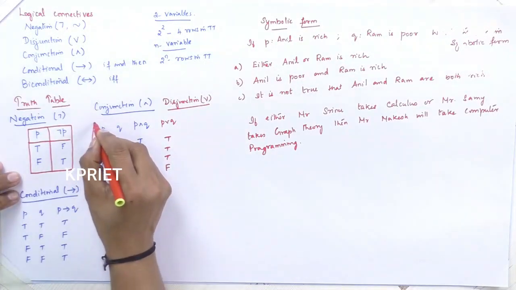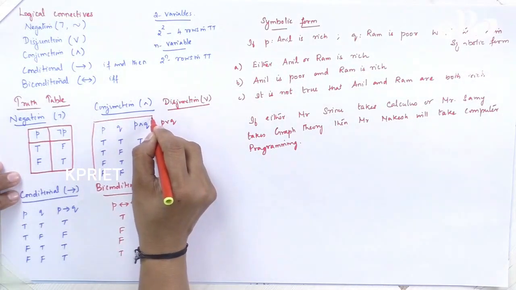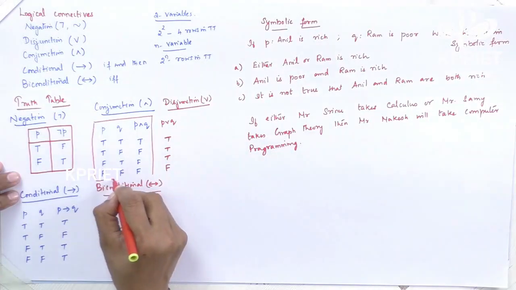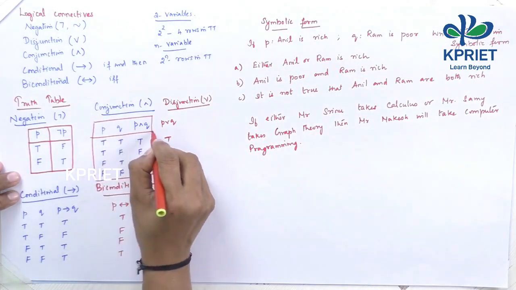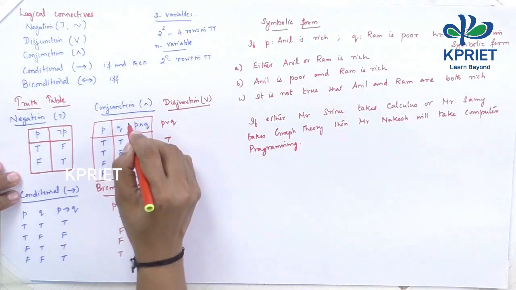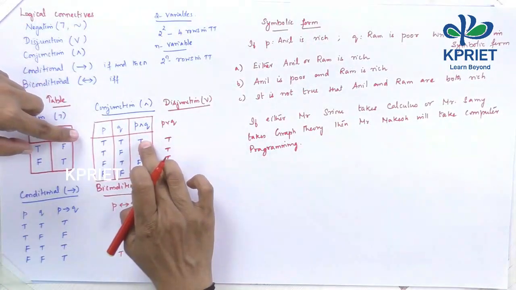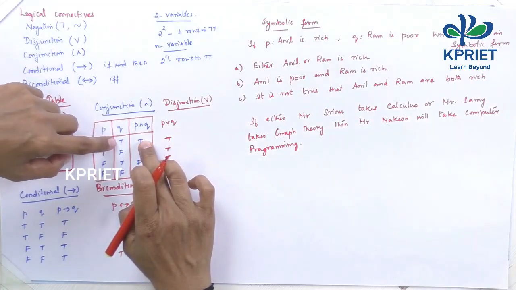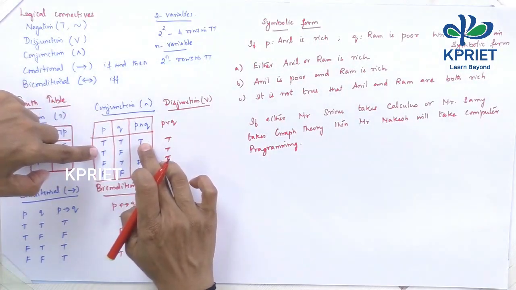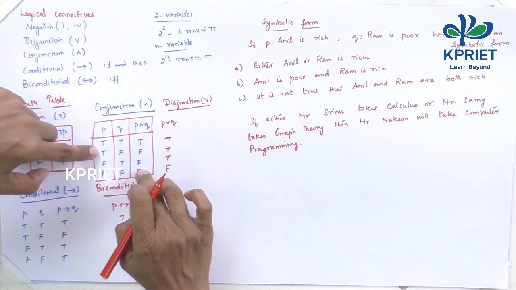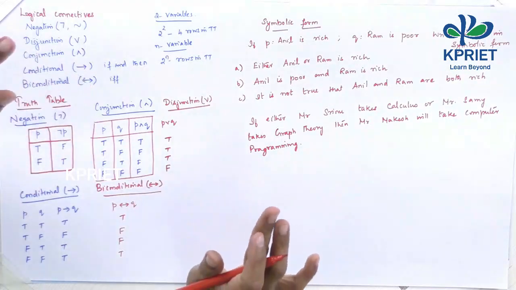For 2 variables P and Q, P and Q will have the truth value T only if both P and Q have a truth value T. If not, we will have only the truth value F. That is for the conjunction.